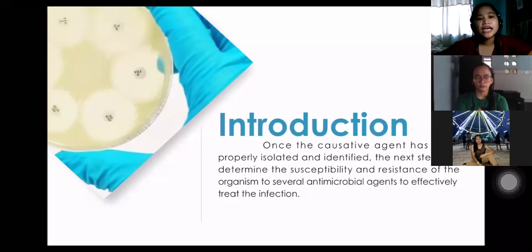And Enterobacteriaceae, we have the different methods on how we identify them. However, we don't have the steps on how to kill them or how to treat our patients experiencing the infection of the microorganisms. So this is the next step. The next step is to determine the susceptibility and resistance of the organism to several antimicrobial agents or antibiotics to effectively treat the infection.